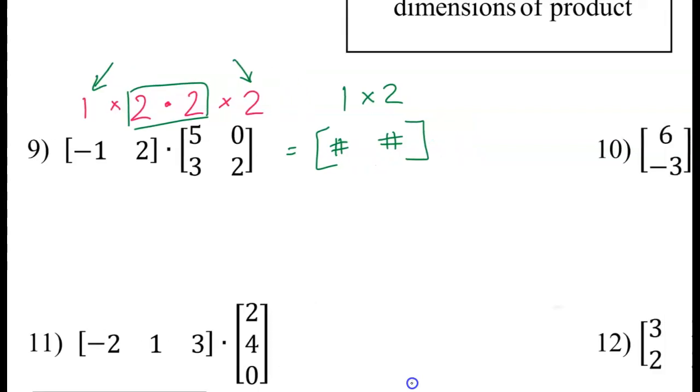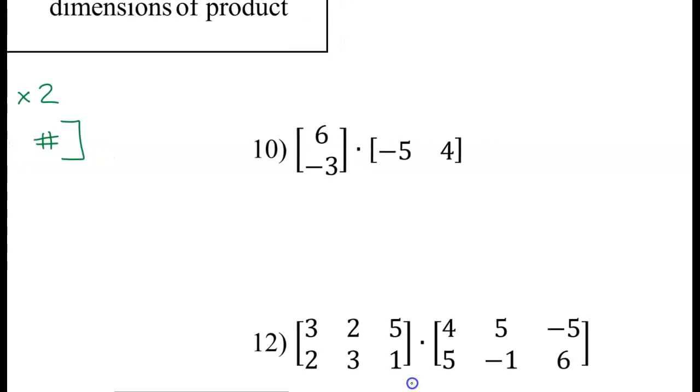Okay, so let's try it again. Here we have a what size matrix? What is our first order that I should write down? Yes, it's a 2 by 1. And what is the order of the second matrix? 1 by 2.